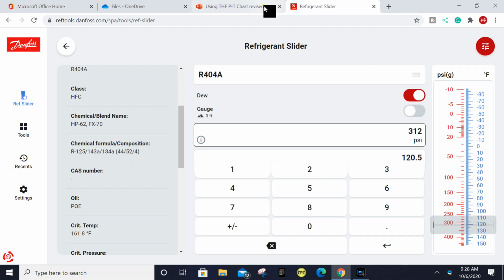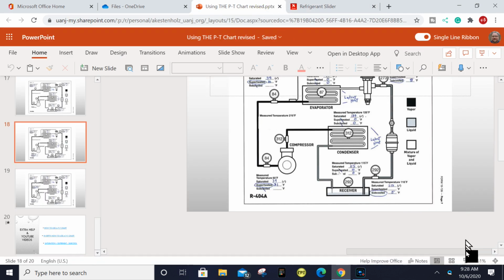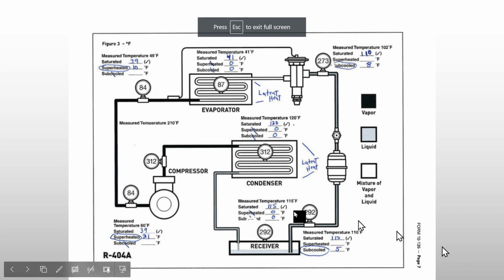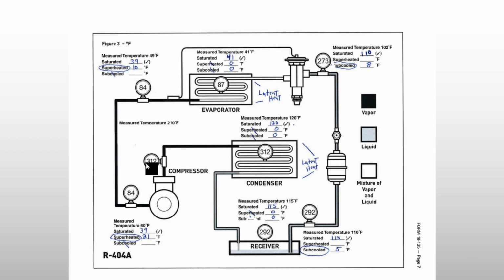So we go back to the PT chart, and we take that 312, which equates to 120.5, and we subtract it from the measured temperature of 210. So we're left with a superheated vapor of 89.5 degrees Fahrenheit. So it goes into the condenser superheated 89.5, and then we repeat the process all over again.